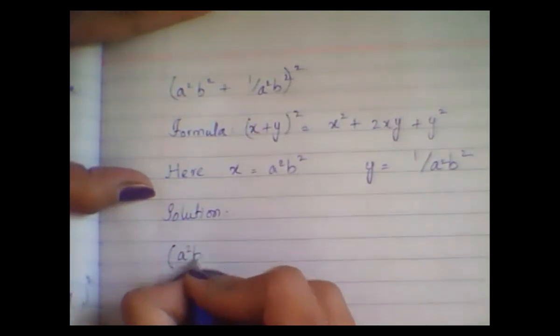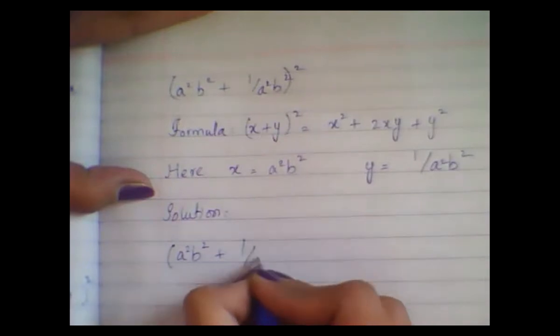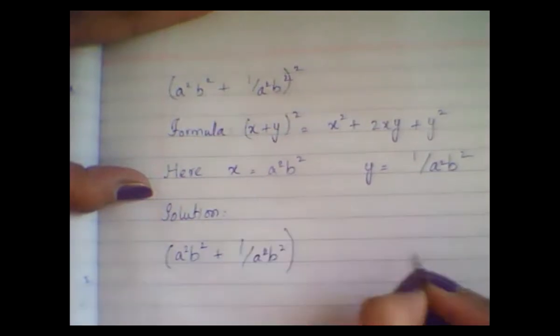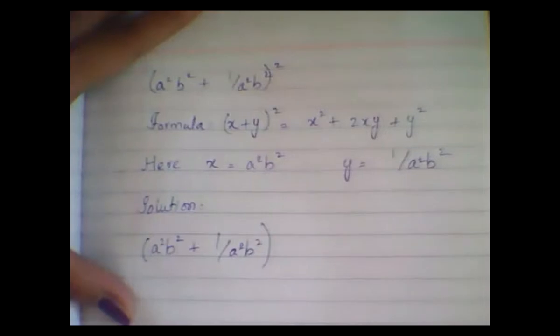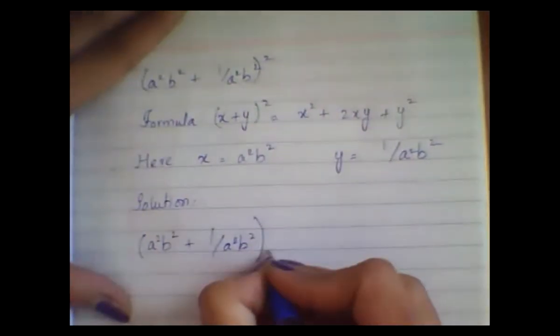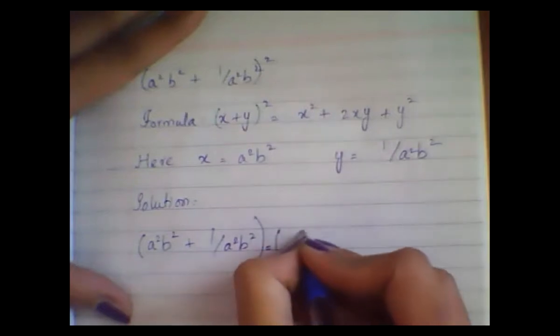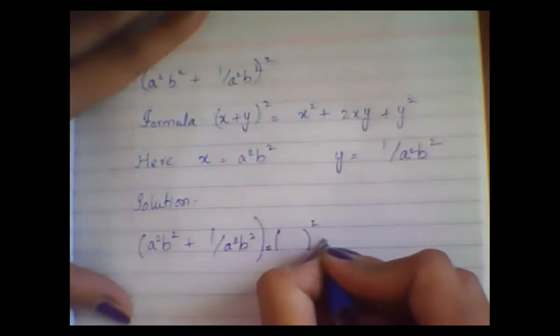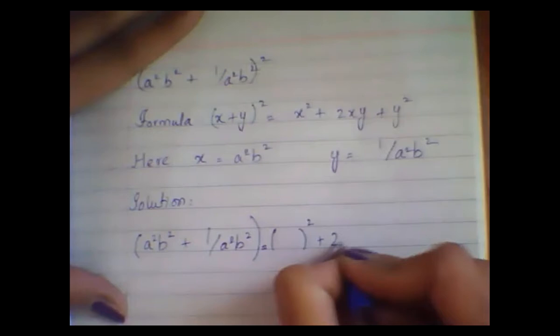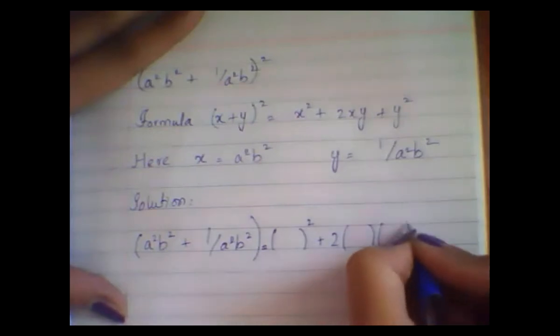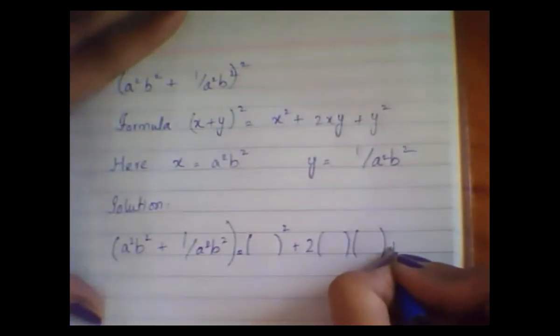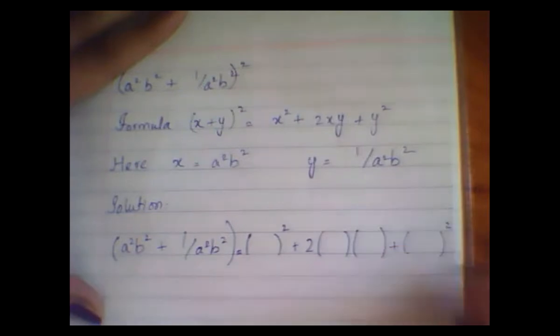Copy down the question: (a square b square plus 1 over a square b square) whole square. Are you solving this question with me? Now, this is equal to first term square plus twice the first term into the second term plus second term whole square.